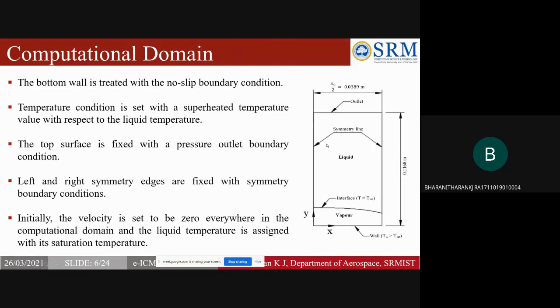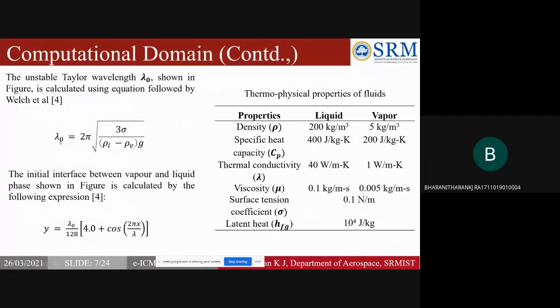Everything inside is filled with liquid, and the velocity is set to zero as the initial condition. The lambda naught shown in the image is the Taylor wavelength, calculated using this formula, and the thermophysical properties of the fluid are shown in this table.